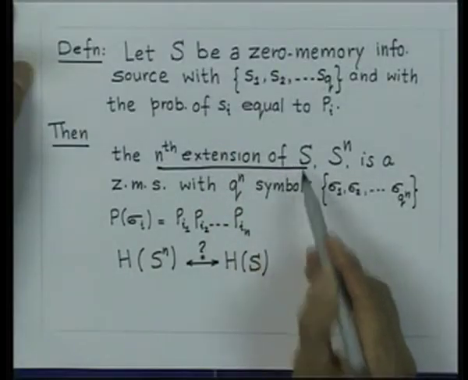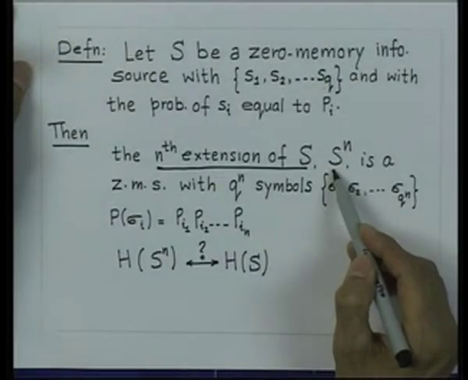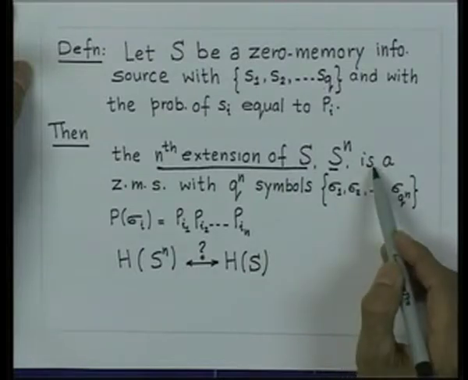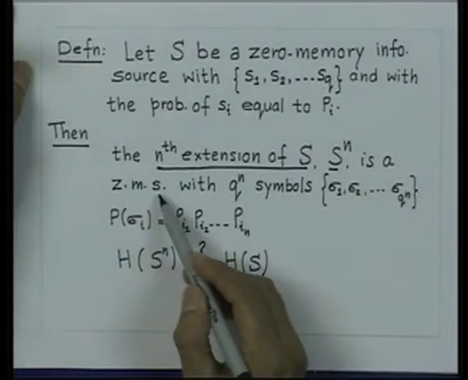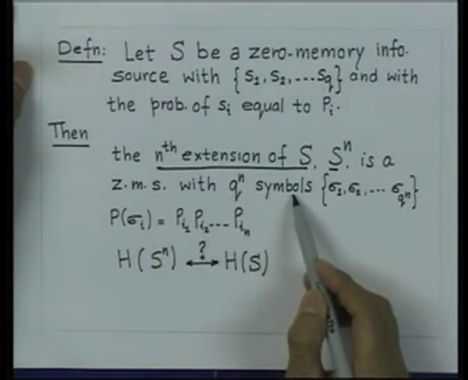Then the nth extension of S, which I am going to denote by S^n, is again a zero memory source with q raised to n symbols.